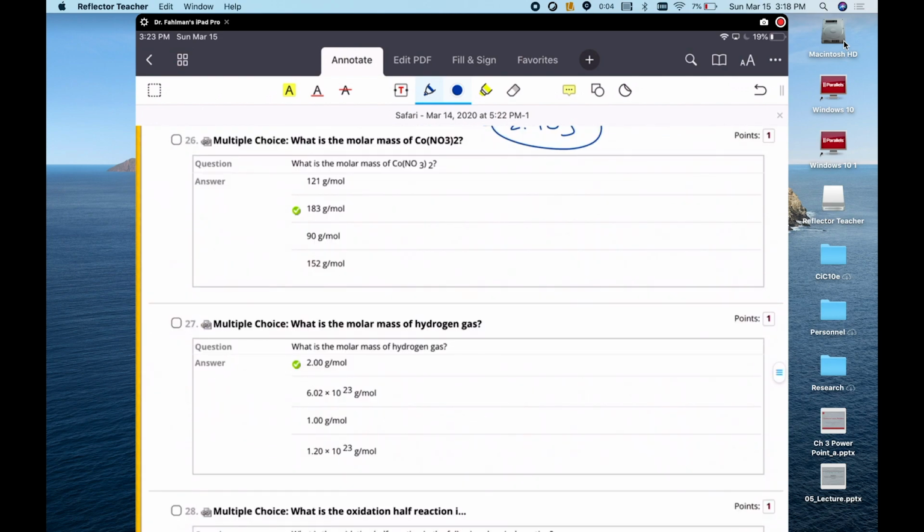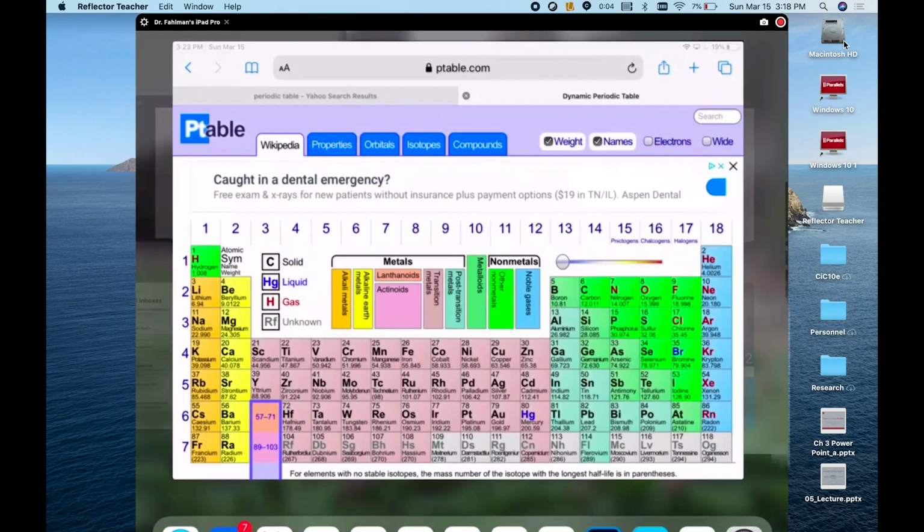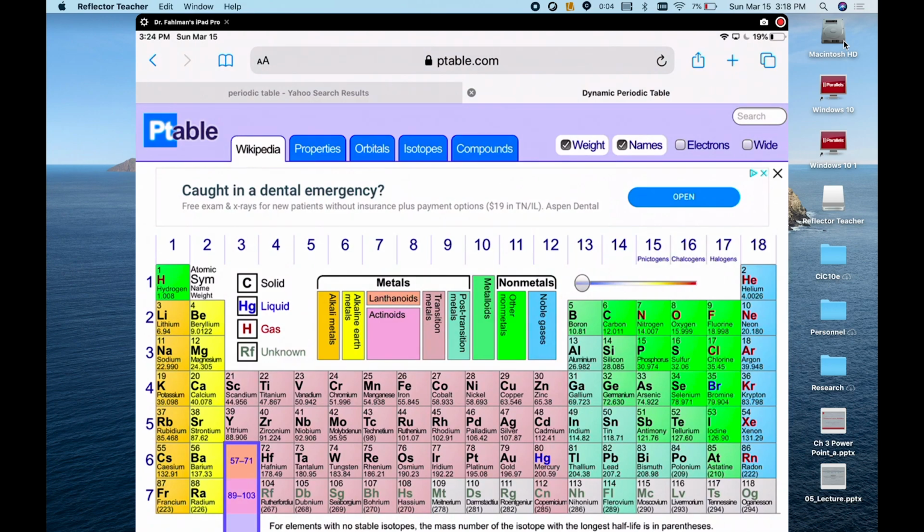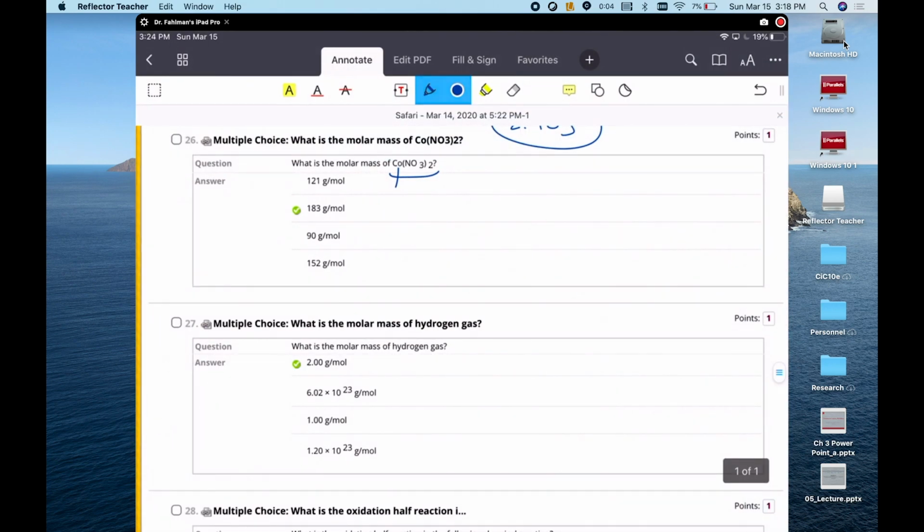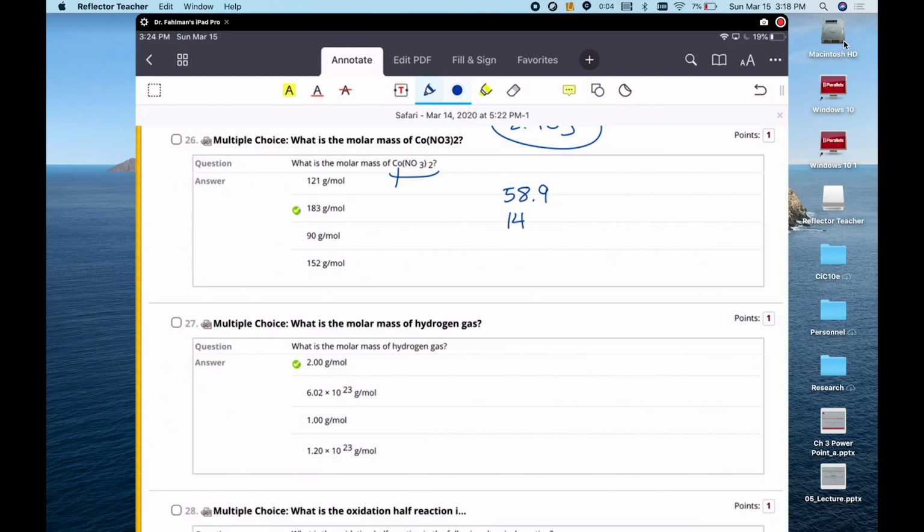Okay, so molar mass of this, you're just going to add up everything from the periodic table. So cobalt is 58.9, and you have one of them. You have 14, which is nitrogen, and you have 2 of them. And 16 is oxygen, and you have 6 of them.